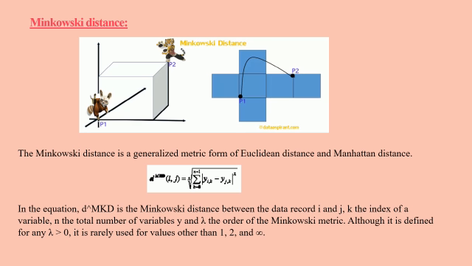Although it is defined for any lambda greater than 0, it is rarely used for values other than 1, 2 and infinity. The image displays the way distances are measured by the Minkowski metric of different orders between two objects with three variables, in a coordinate system with x, y, z axes.